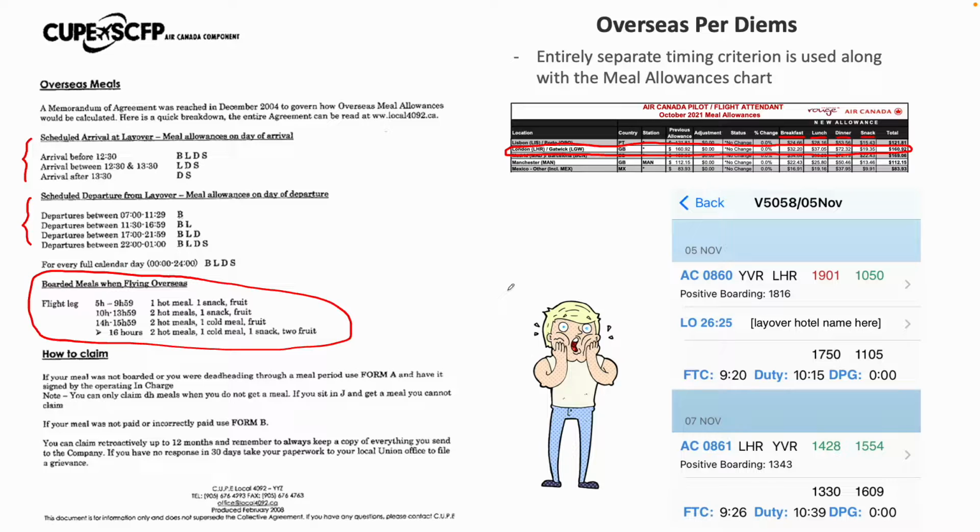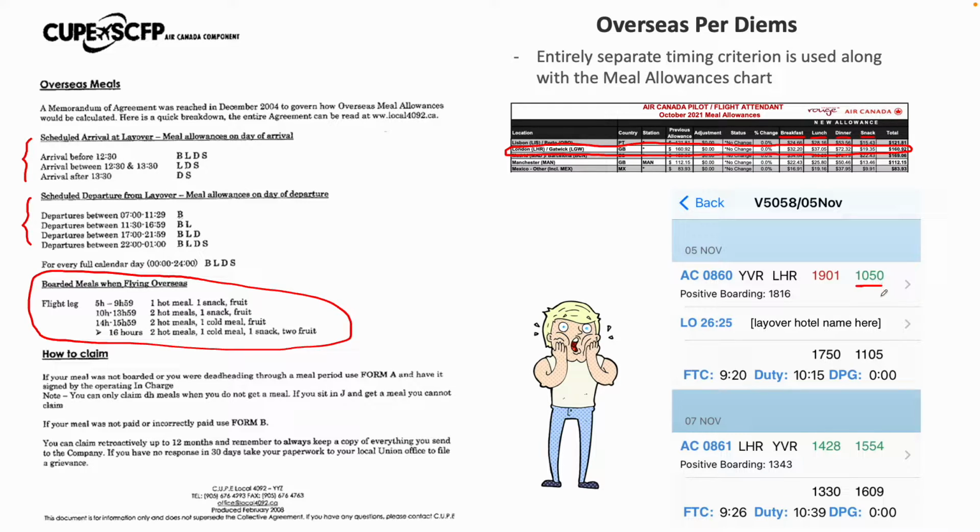We have the London Heathrow and London Gatwick portion of the chart. Okay. So for this particular pairing, even though these are the actual departure and arrival times rather than the scheduled ones, I looked at them, and they're all within several minutes and not making any difference as far as what meals are paid out. So I've just taken this one screenshot.